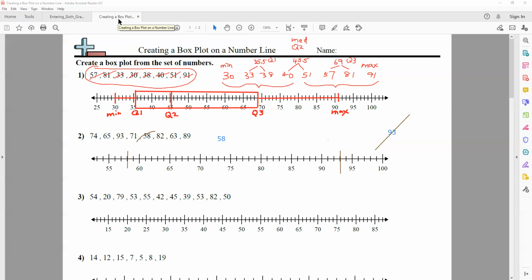No, not that one. The 93 in the questions. Okay, now we type 93.